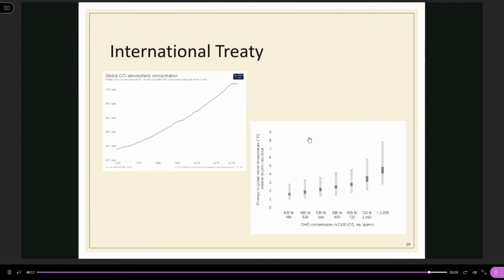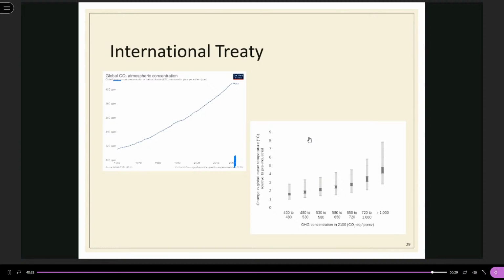Okay, the atmospheric carbon dioxide concentration. In 2018, the concentration is higher than 400, so maybe around 420 ppm.